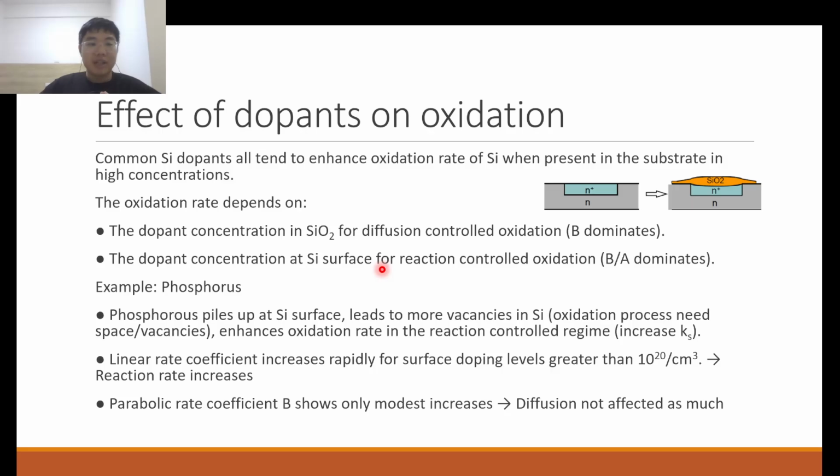We do observe that the linear rate coefficient increases rapidly when the surface doping level is greater than 10 to the power of 20 per centimeter cubed, resulting in an increase in the oxidation rate. However, we only see a modest increase in the parabolic rate coefficient, which shows that even when phosphorus is present in the silicon dioxide layer, diffusion through it is not really affected or accelerated that much.